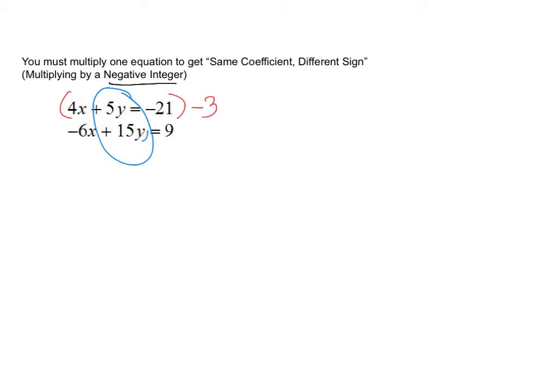So when I go ahead and do that multiplication, remember that you're going to distribute, I end up with -12x, -15y, and 63. So now I'm just going to rewrite that second equation that I really didn't do anything with: -6x, +15y, and 9.